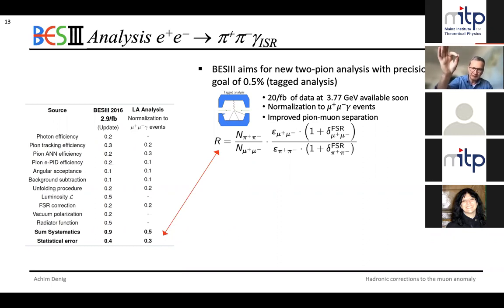So we tag the photon and we tag the hadronic system, but we normalize to the production of 2 muons. Like this, the limiting factors in our table of uncertainties before, namely the luminosity and the radiator function, drop since they appear in the numerator and denominator. This gives the basis to a significantly reduced systematic uncertainty.